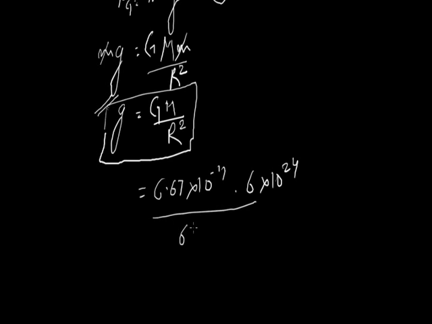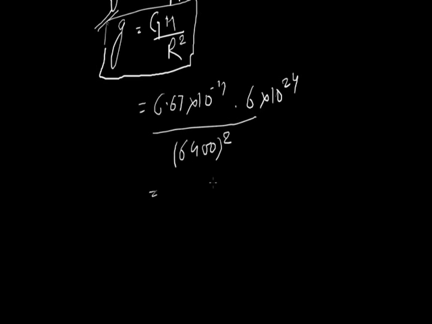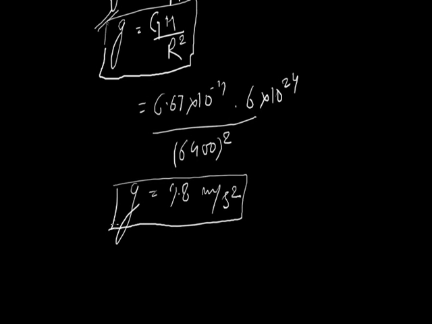The radius of Earth will be considered as 6,400 kilometer, which will be written as 6400 into 10 raised to the power 3 meter. On calculating all these values, we have 9.8, and the unit of acceleration is meter per second square. So this will be the value of acceleration due to gravity.